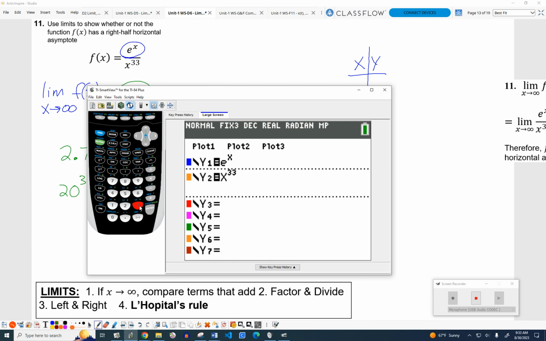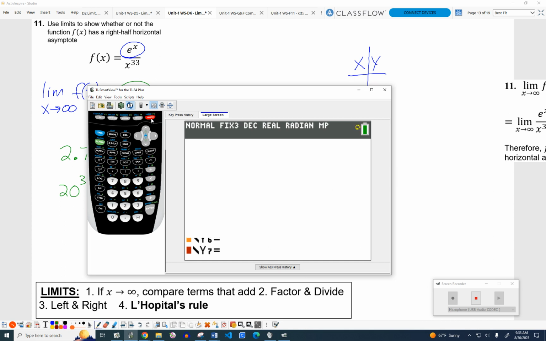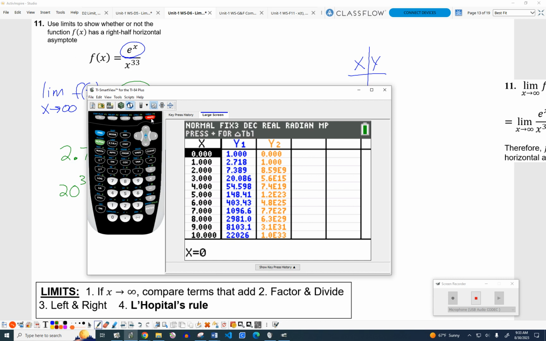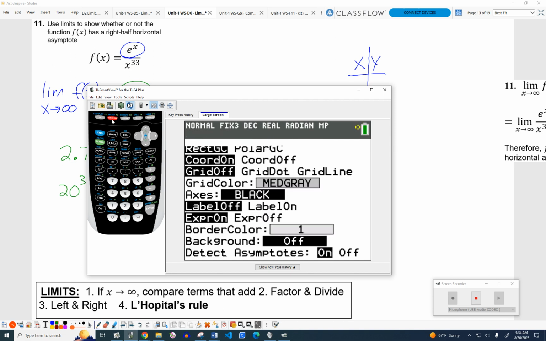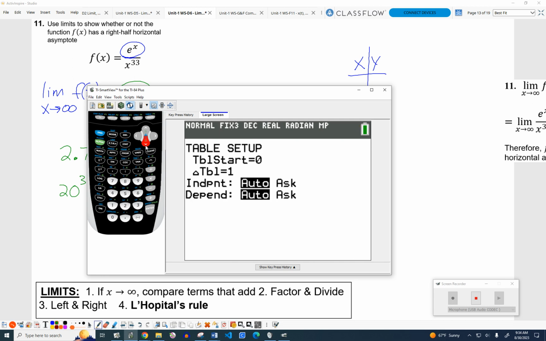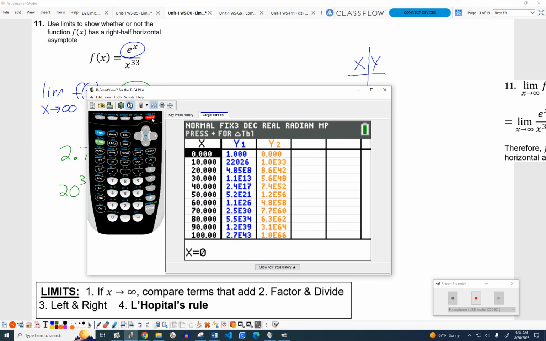Make a table, I guess. So Colin, so far you're right.